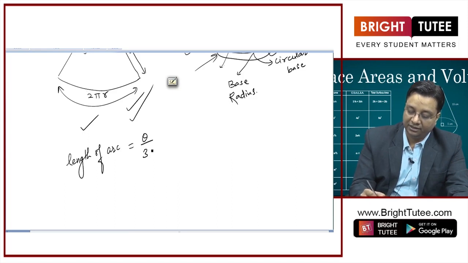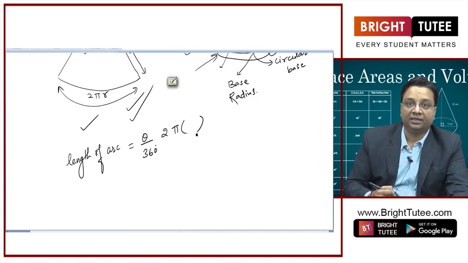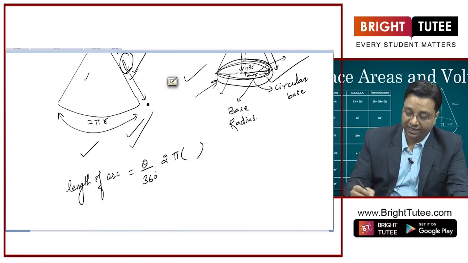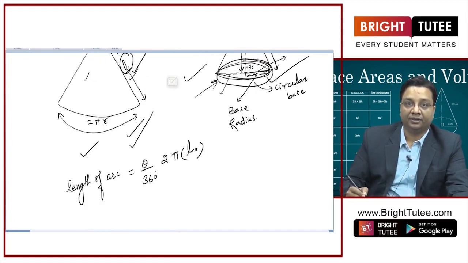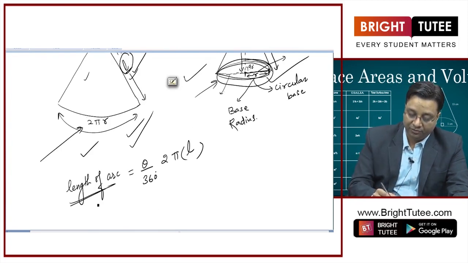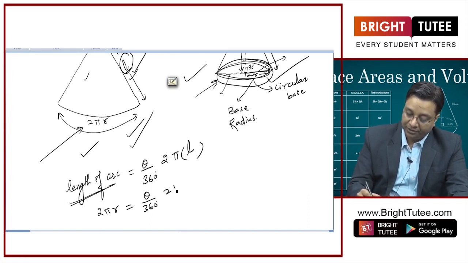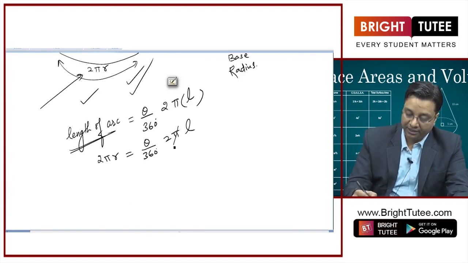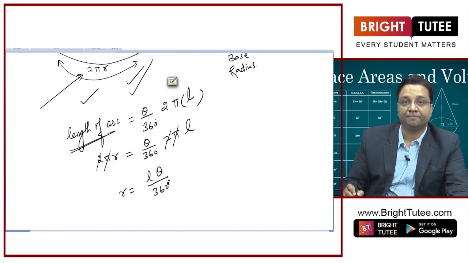We have studied it in circles. It is theta by 360 times 2 pi, and here we generally write r, that is radius. In this case, the radius is L. Now, the length of arc in our particular case is 2 pi r. So, let us equate these. 2 pi r is equal to theta by 360 times 2 pi L. So, if I cancel 2 pi, r is equal to L theta by 360.